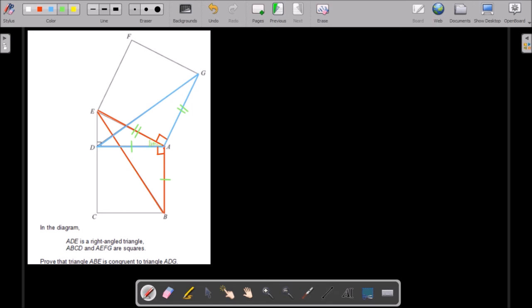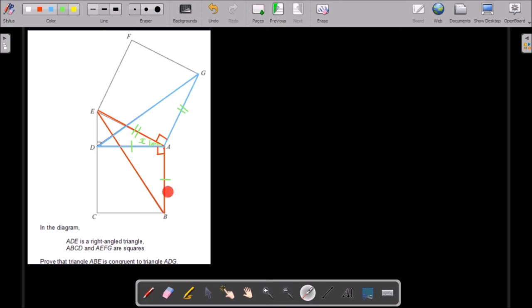If I was to call this particular angle here X, angle EAB would be 90 plus X, and angle DAG would also be 90 plus X. And guess what?